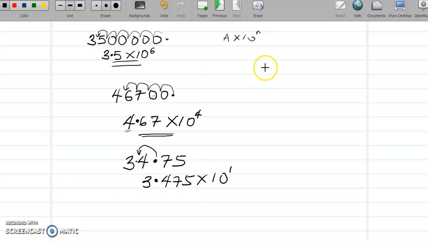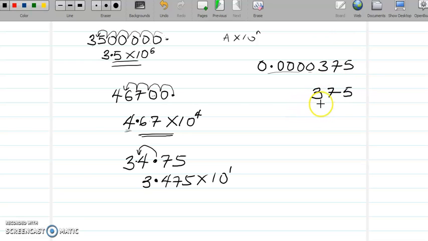Then in the other way, if we are asked to write this number, 0.0000375, to a standard form. For me to write this number to a standard form, I will ignore this 0 first. Ignore this 0. I will have this to be 375.